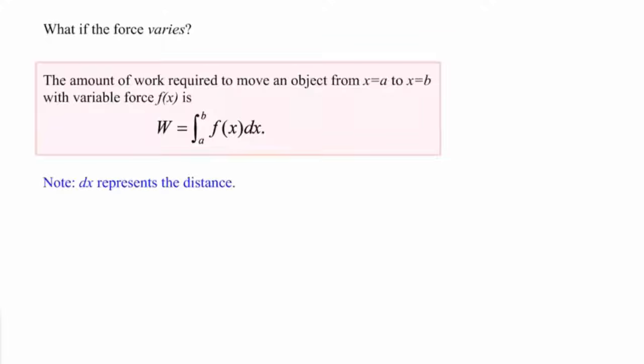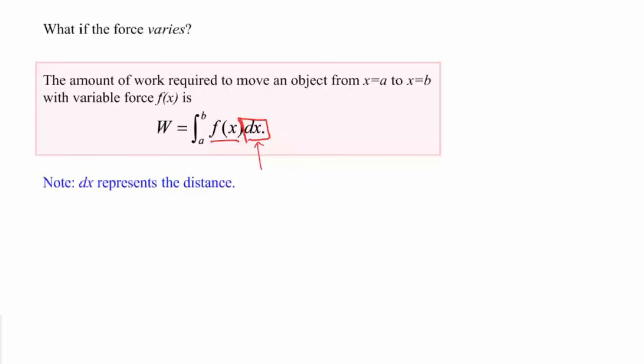Now, here the calculus comes in again when you have something that's not consistent. So it could be that the force is changing, it could be that the distance is changing, or it could be both. So the first example here is going to be the force changing. If the force is changing, then we're going to do almost exactly what we just did with density. We're going to chop it up in little bits, and we're just going to go a distance of dx every time.